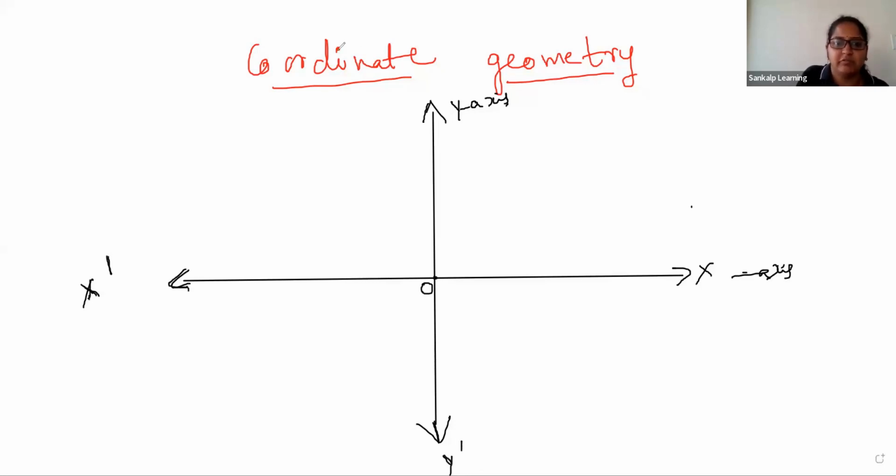See, what is the use of coordinate geometry? We find the position of a point on the plane. For example, when you tell the landmark of your house.